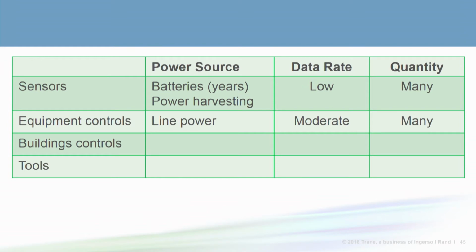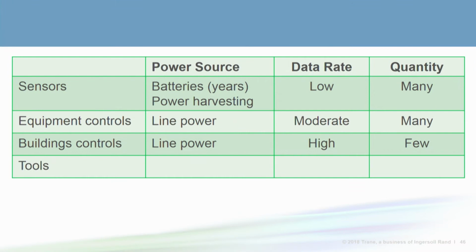Equipment controllers have line power available, so power consumption is not so great a concern. But the data rate is moderate for equipment controllers, and there are often many of them in the building. This can make wireless attractive for these devices also, especially when you consider future expansions or upgrades.